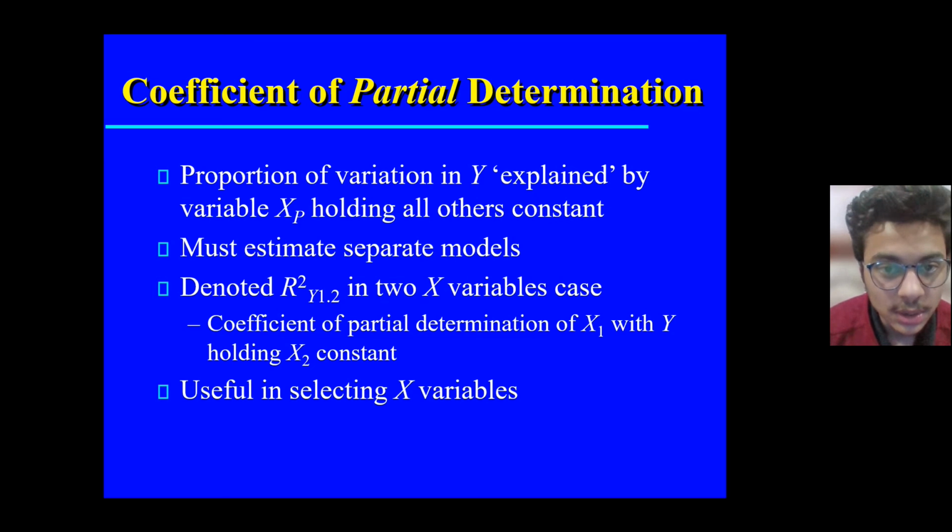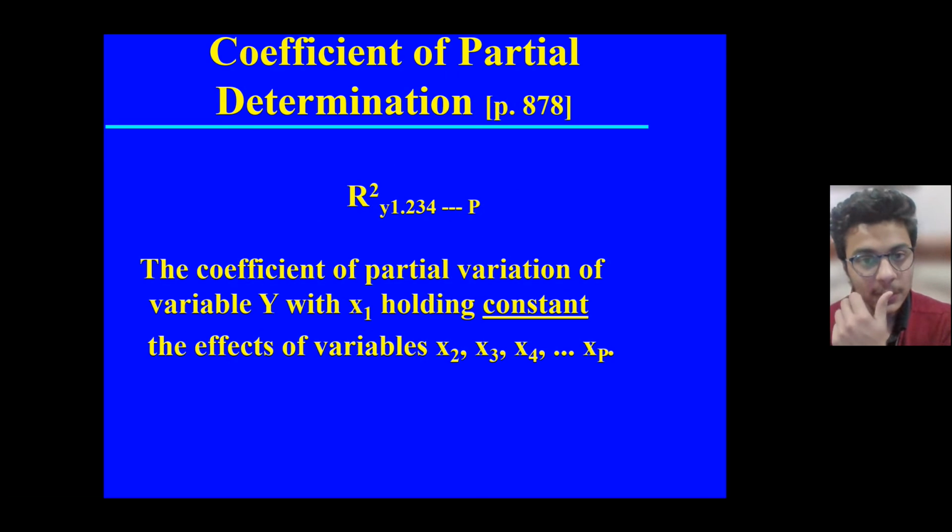Coefficient of partial determination of x1 with y holding x2 constant is useful in selecting x variables. It is the coefficient of partial determination of variable y with x1, holding the variables x2, x3, x4 up to xp constant.